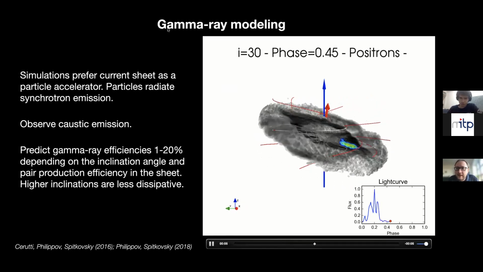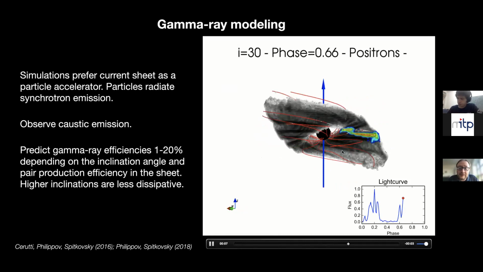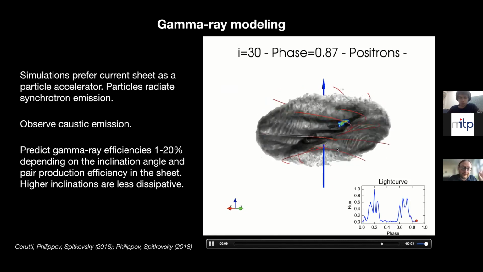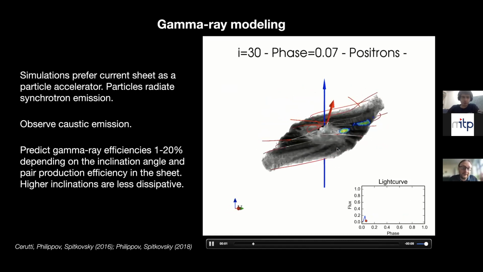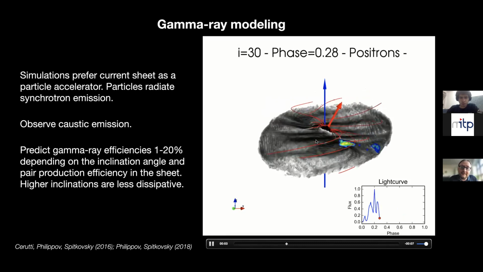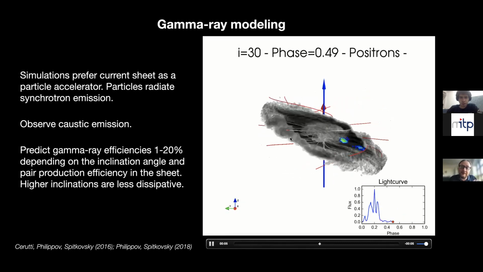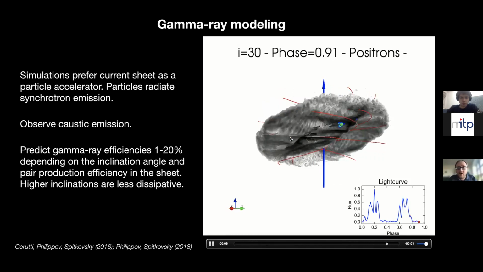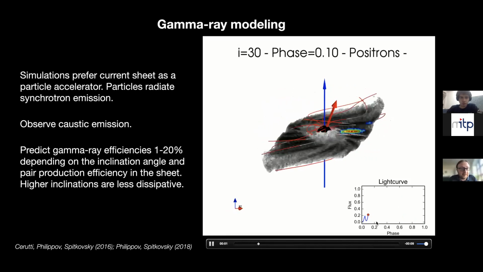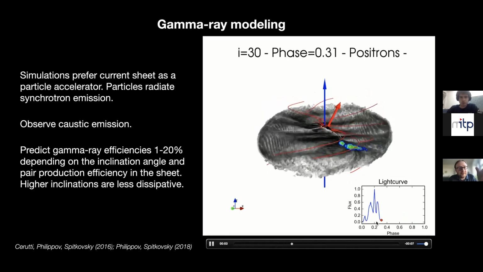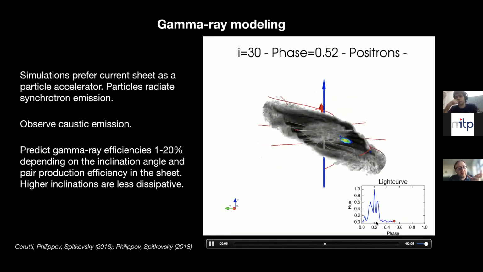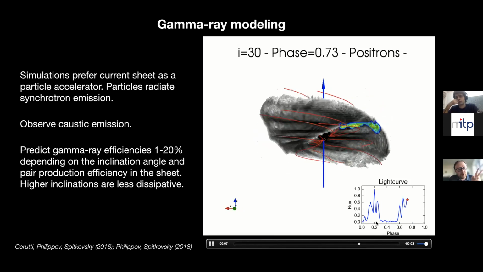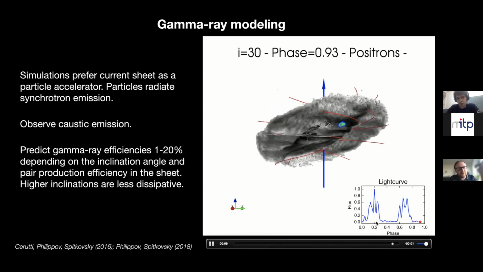And this is what's showing on the right panel. Basically, this movie shows the total emissivity of all particles in all directions, shown as the gray color. You see that it highlights this interesting surface, which is the current sheet. And then an observer that sits where you're sitting would see a light curve that is plotted in this window. So basically, you see a patch of this current sheet twice per orbit as the particles are streaming towards you.